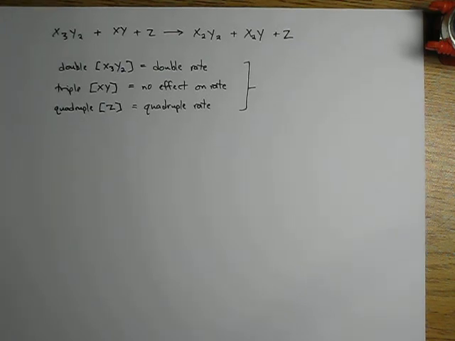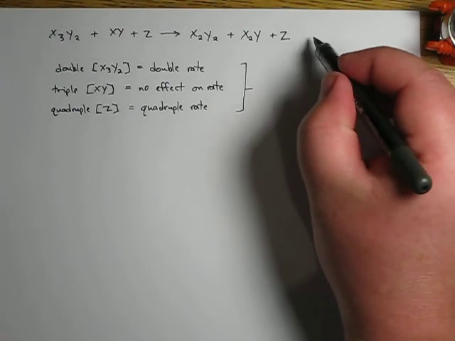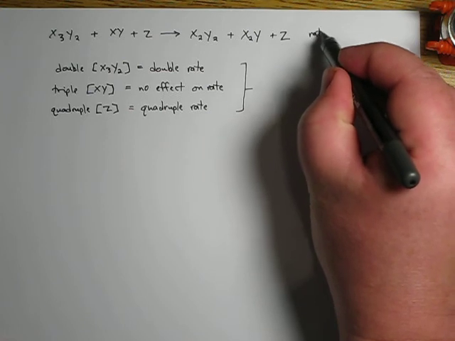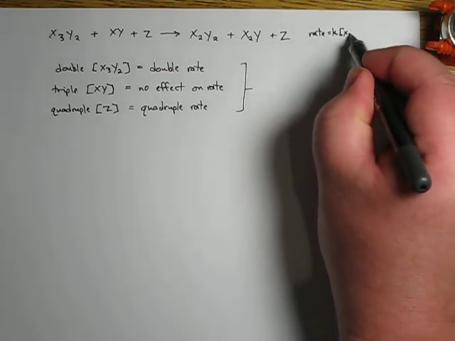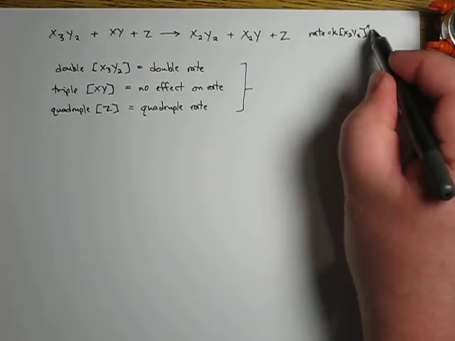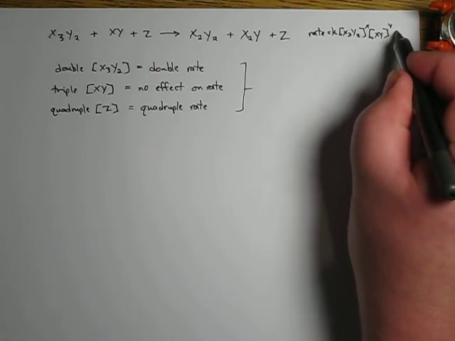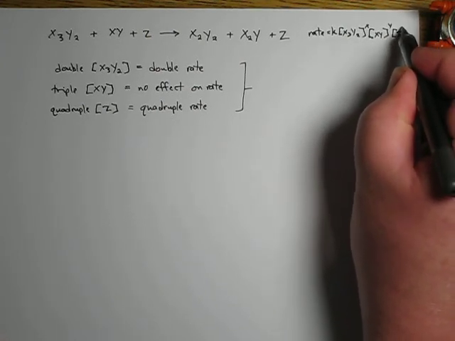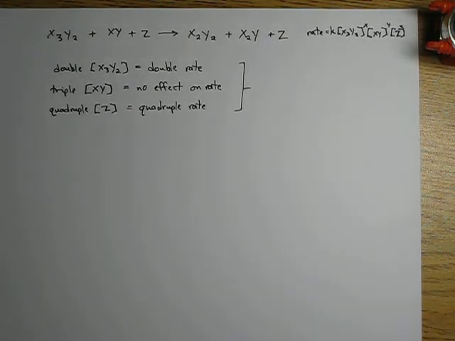Okay, so, overall reaction. We know the form of the rate law for the overall reaction will be rate equals K times the concentration of X3Y2 to some power X times the concentration of XY to some power Y times the concentration of Z to some power Z. All right, there's the form of the rate law.